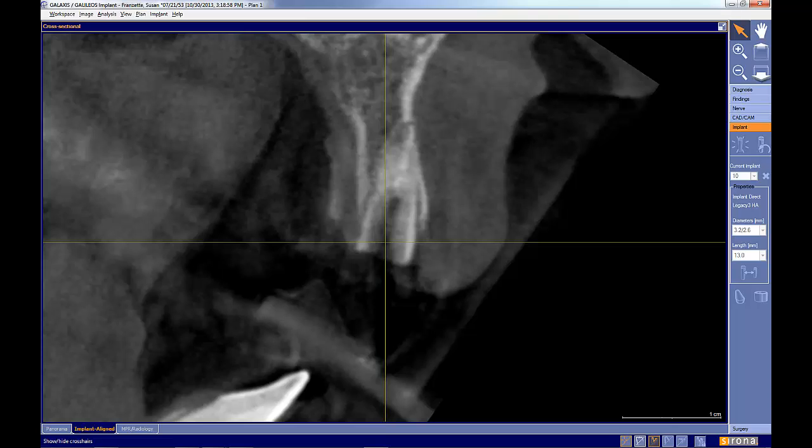So when I plan these cases, I'm looking at a couple of things. One, I want to mentally talk about what I'm looking at. When I look at this case, I'm going to mentally outline my tissue, which looks to be about like so. Okay.